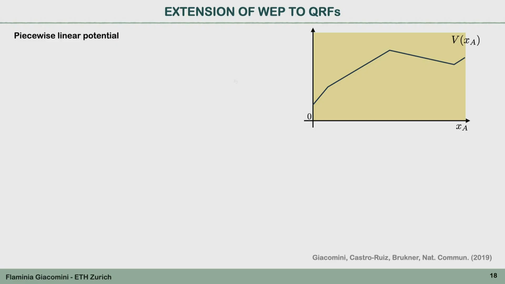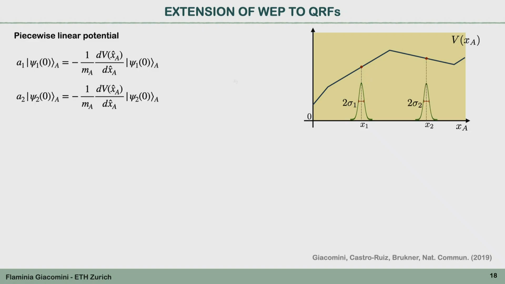So the way we do that is to take a piecewise linear potential and prepare our quantum system initially in a quantum superposition of being in this loop. So we have a coherent state that is much smaller than the width of the single slope of this piecewise linear potential at the initial time, and a superposition of another coherent state that fits completely inside a different slope.